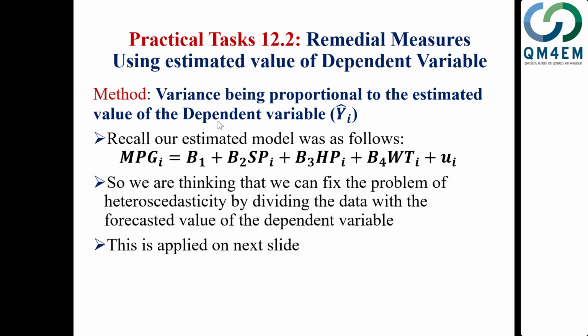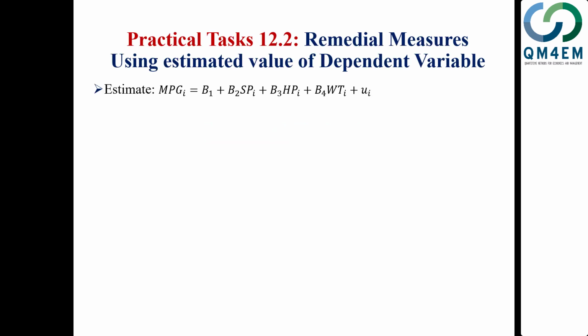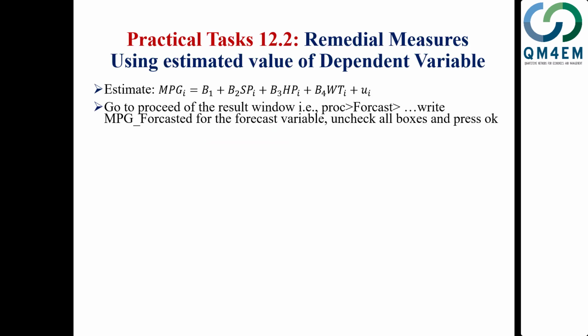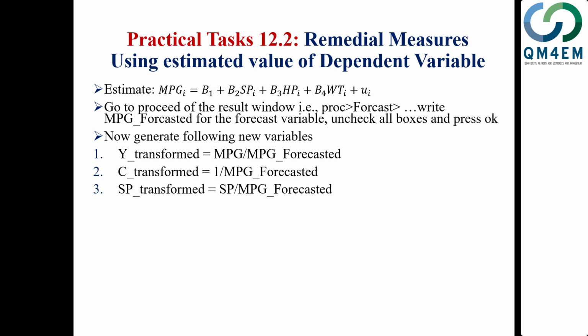The forecasted value of the variable is proportional to the heteroscedastic variance. So use that for transformation of the observations and then check if the data is homoscedastic. The task was named 12.2 and you were asked to follow the following steps.